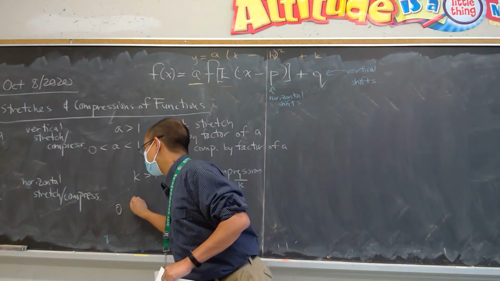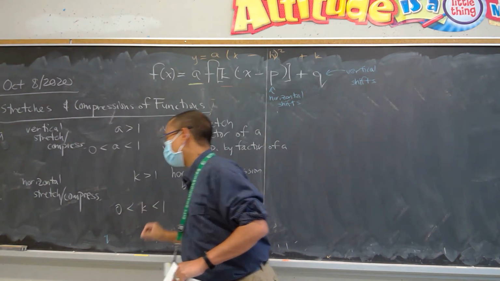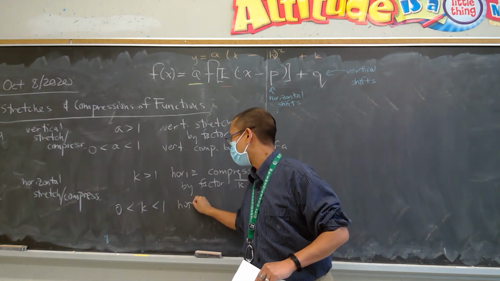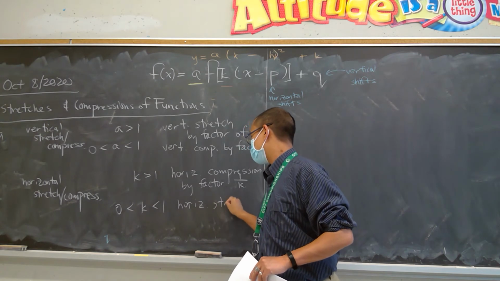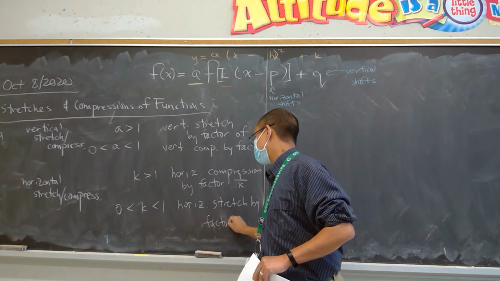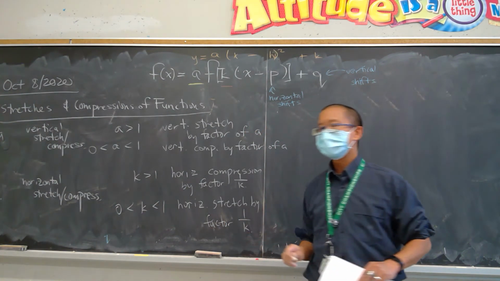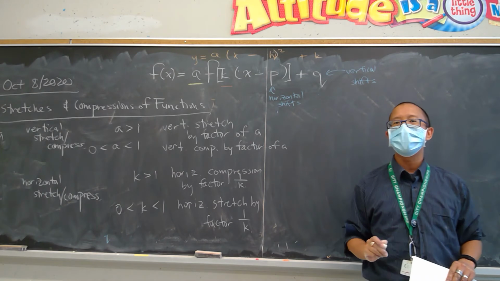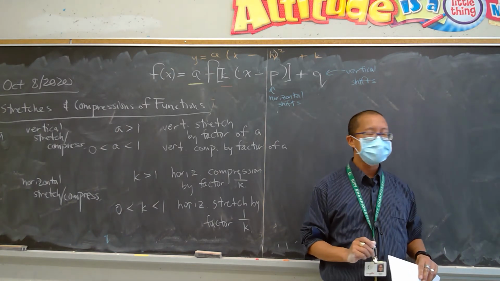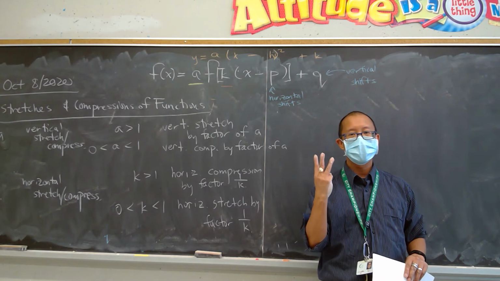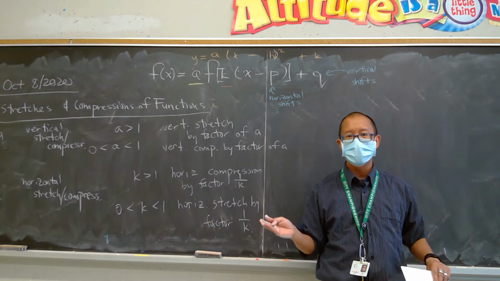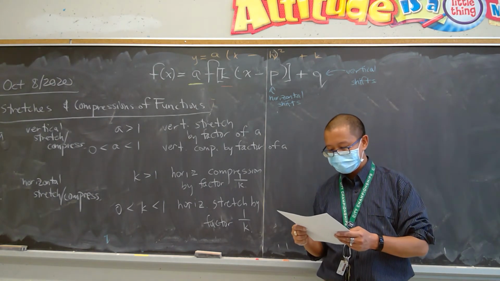Similarly, when K is in between 1 and 0, like a decimal, like a fraction, this means a horizontal stretch by a factor of 1 over K. So for example, if the K value was 1/3, it's a horizontal stretch by a factor of 3. So that's what's kind of weird. K is inversely related.